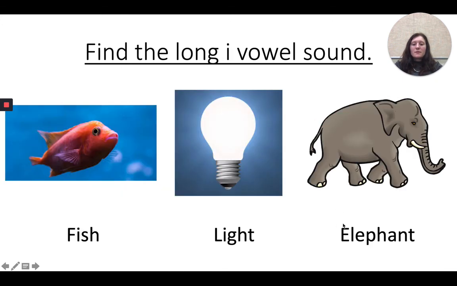All right, and last practice problem for today. So last one, we're going to find the long I vowel sound. So we have the words fish, light, and elephant. So remember, we're looking for the long I vowel sound.